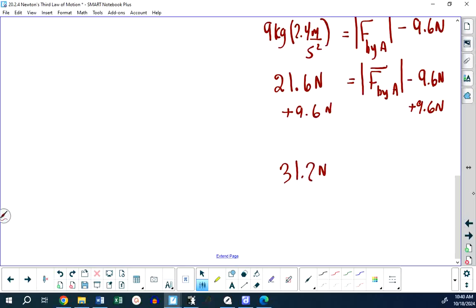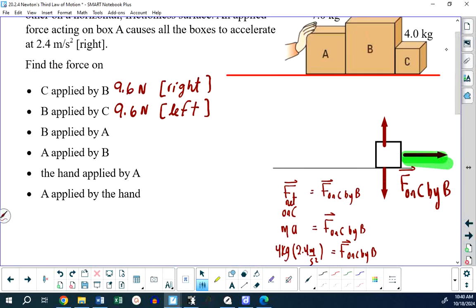And this is the magnitude of the force on B by A. You may be bummed out at having to write this on B by A, but I think it's important. It's not just the force, it's a descriptor to it. So that's 31.2 newtons, and that is on B by A, which is to the right.